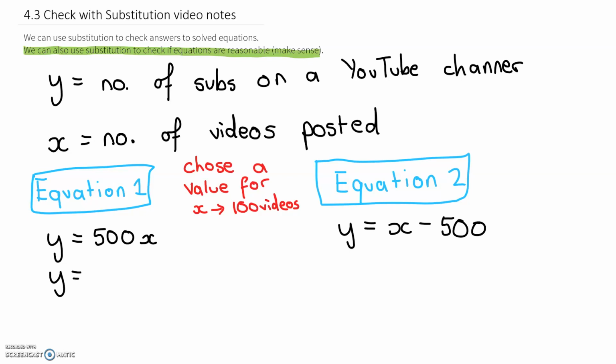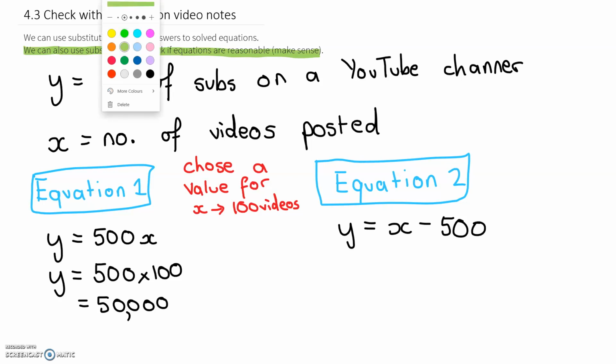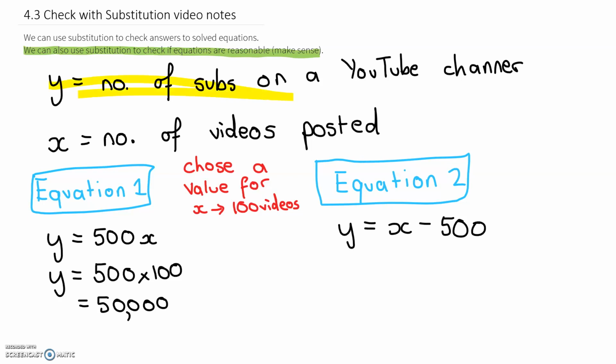So for equation 1, it's 500 times x. So we're going to go 500 times those 100 videos. And that would give us, there's 1, 2, 3, 4 zeros. So my answer is going to have 4 zeros. So we've got 50,000 for equation 1. And remember, if we look back at our variables, y is the number of subscribers on a YouTube channel, right?